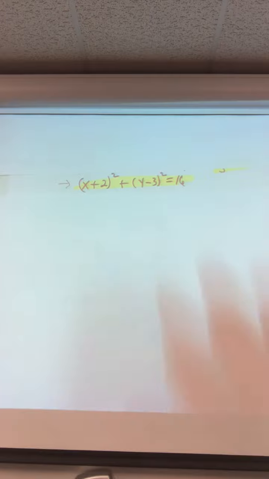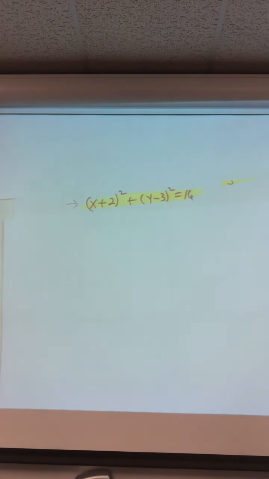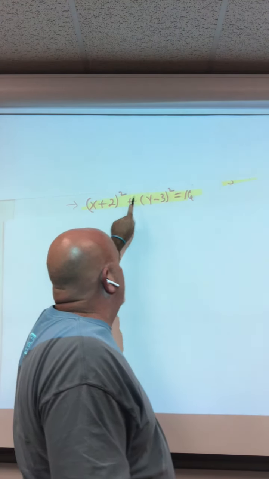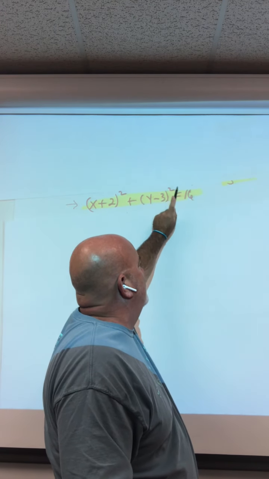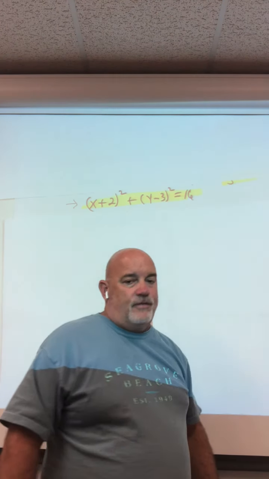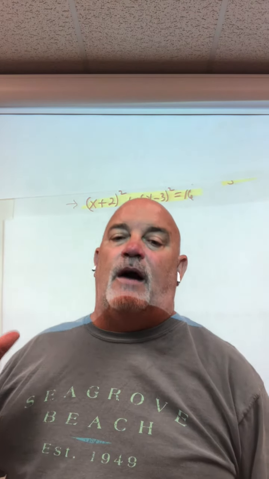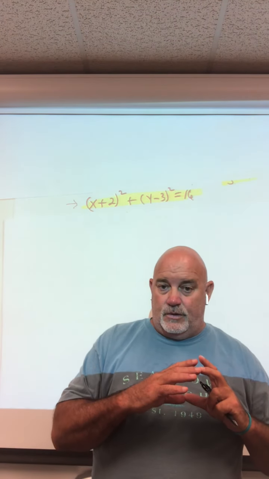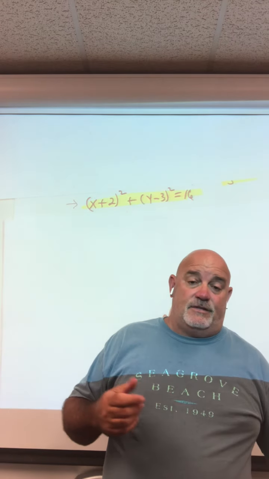All right, before we talk about the graph of this, first, do I know what the graph of it is? Well, let's see. You've got an x squared term plus a y squared term equals some number. This is the equation of a circle. Now, it has billions and billions of answers.